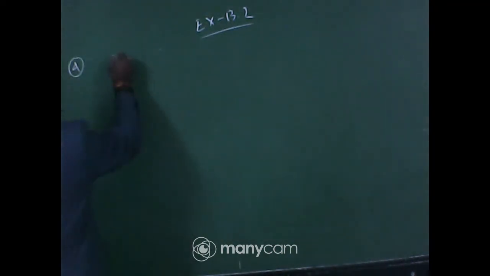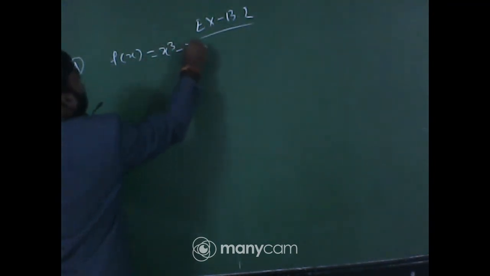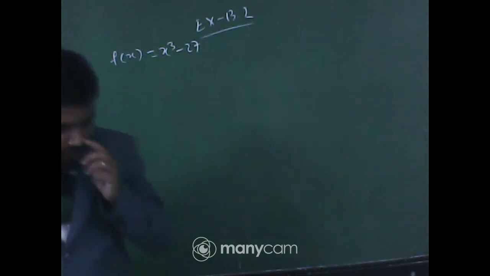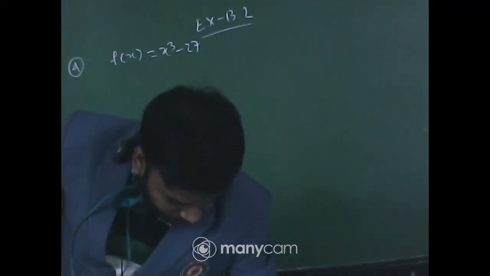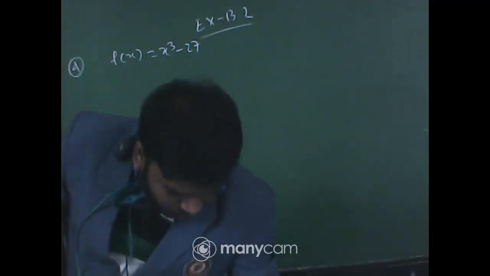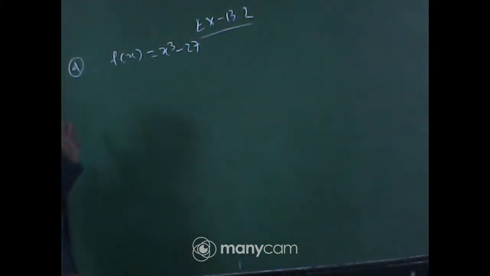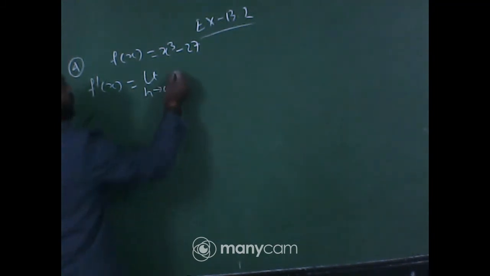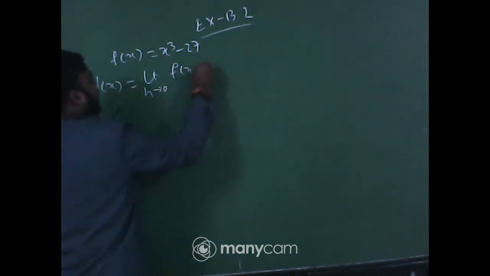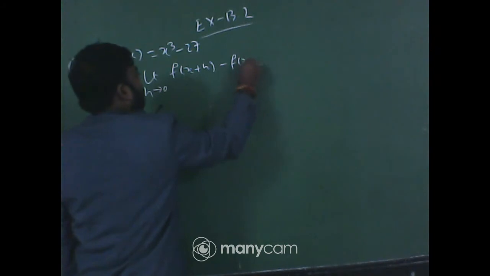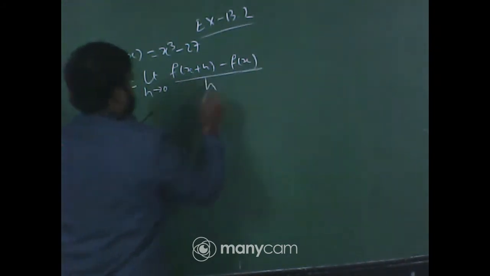f(x) equal to x cube minus 27, we have to answer. So using first principle, f dash x equal to limit h tends to 0, f of x plus h minus f(x) by h.